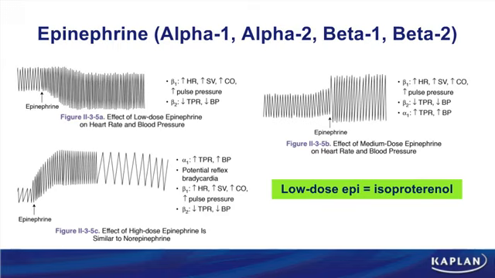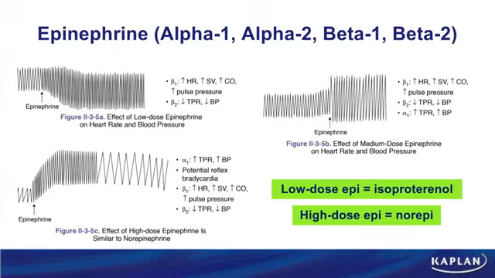You have actually seen this diagram before as well. On the previous slide, this is exactly what norepinephrine did. Alpha-1 and beta-1, but ultimately any direct effects on the heart were overcome by a reflex. So high-dose epi looks the same as norepinephrine.